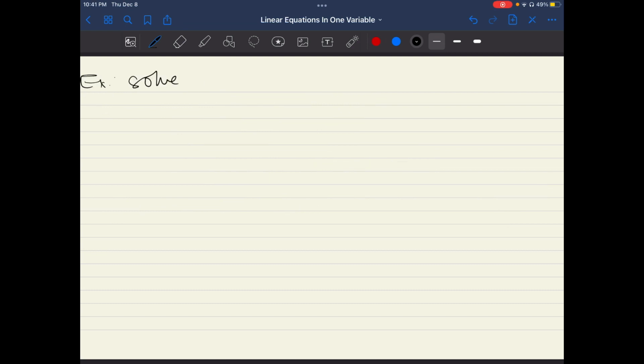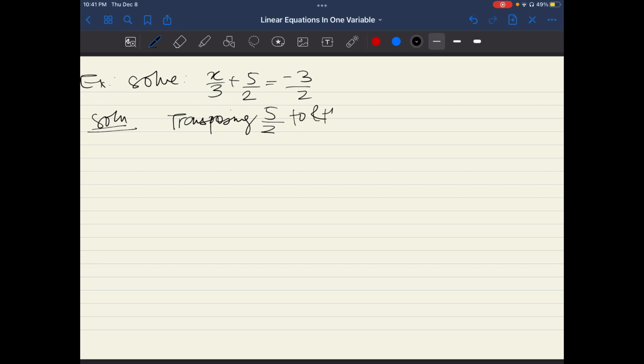Now let's solve another example together, which is solve x over 3 plus 5 over 2 equals minus 3 over 2. Now in this case, we will start with transposing 5 over 2 to RHS. We get x over 3 equals minus 3 over 2 minus 5 over 2, which is minus 8 over 2.